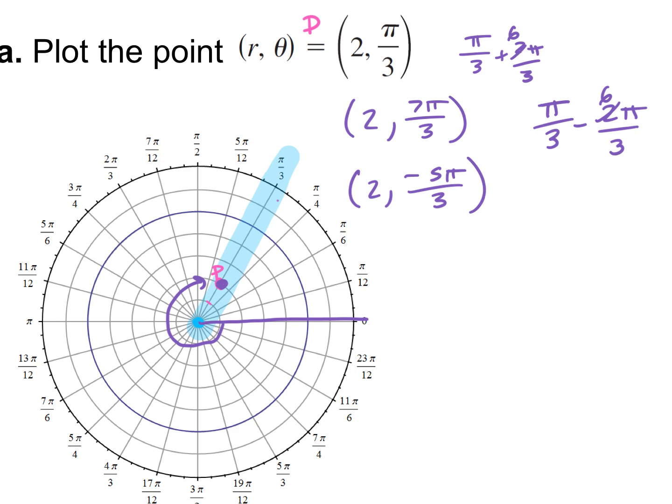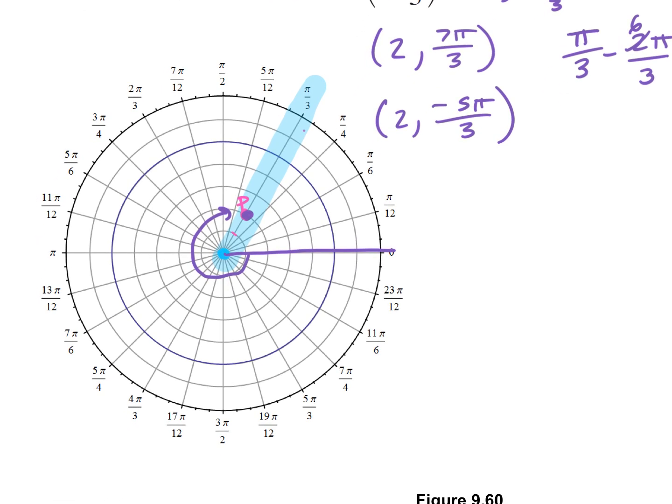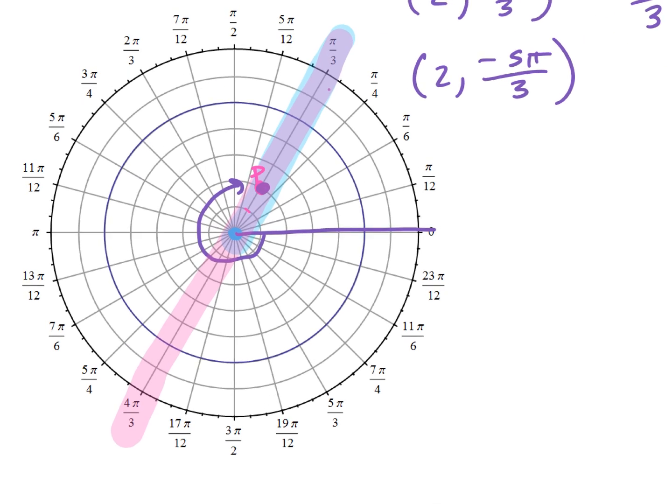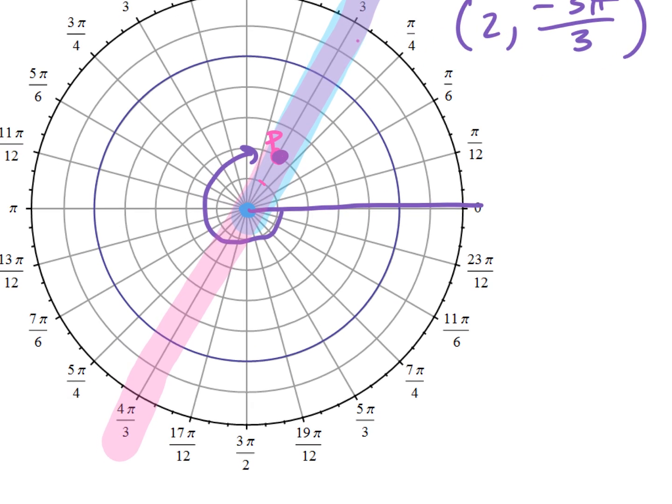There's also one other way that we could do that, with our polar axis. We were just looking at pi over 3, but if we extended it all the way down, so all the way straight across, we could say that we're going to 4 pi over 3, but instead of going in the positive direction 2, so instead of going this way 2, we can go negative 2, which just means we go in the opposite direction.